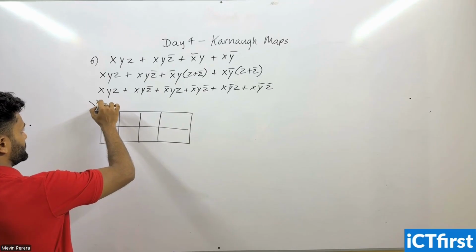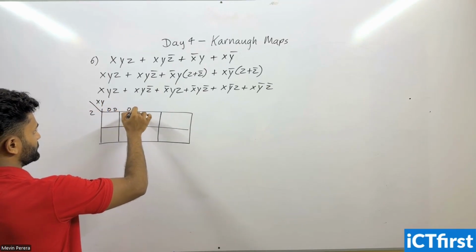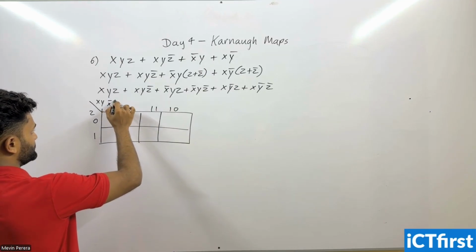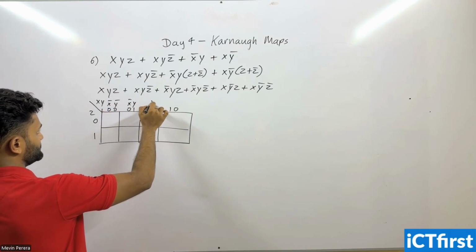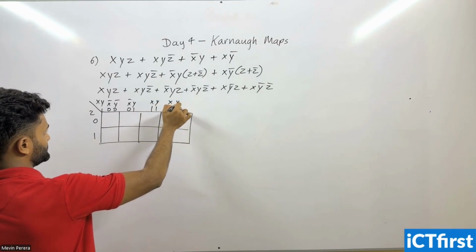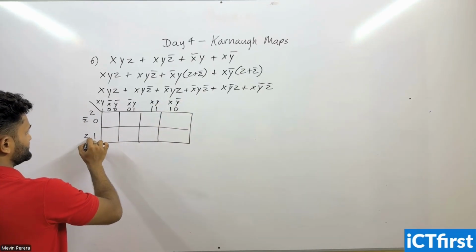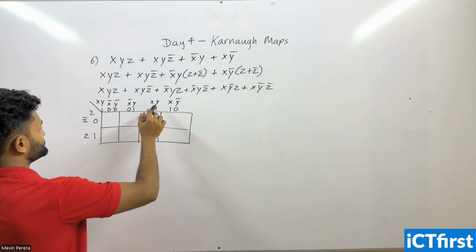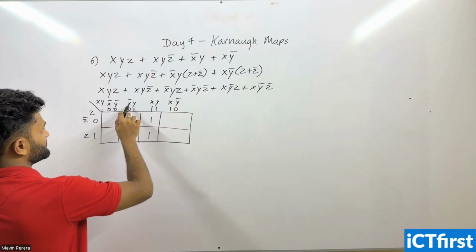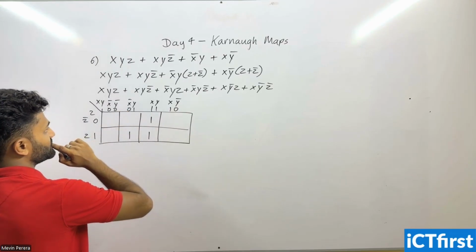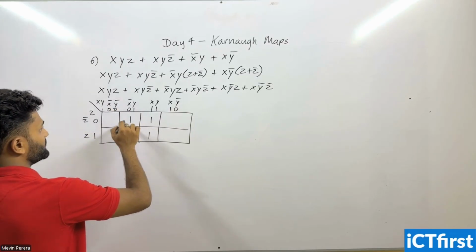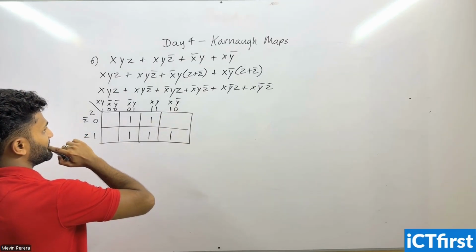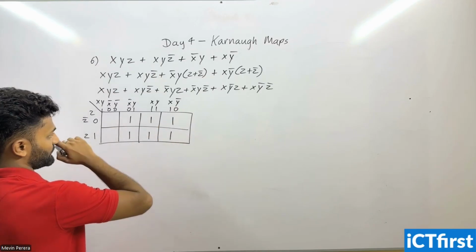So X, Y, Z: 0, 0, 0, 1, 1, 1, 1, 0, 0, 1, X bar Y bar, X bar Y, X Y, X Y bar, Z bar, Z. So X Y Z is 1, X Y Z bar is 1, X bar Y Z is 1, X bar Y Z bar is 1, X Y bar Z is 1, X Y bar Z bar is 1.